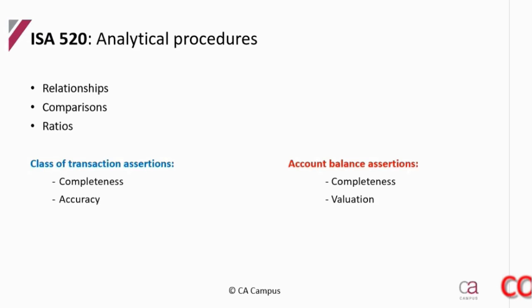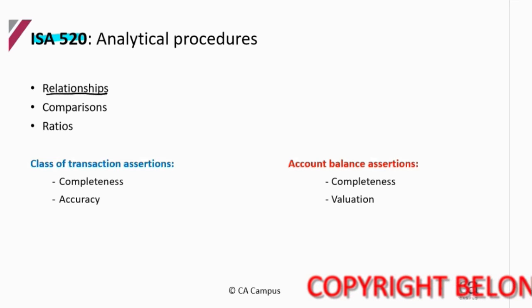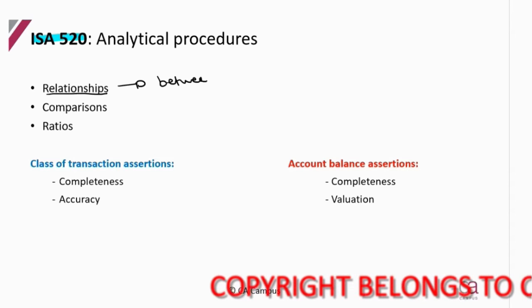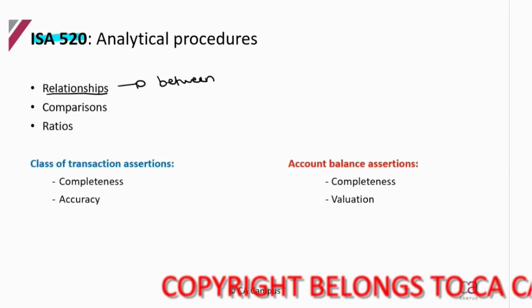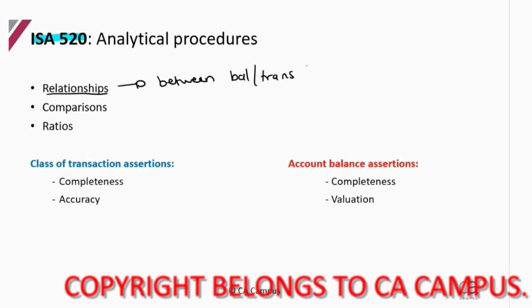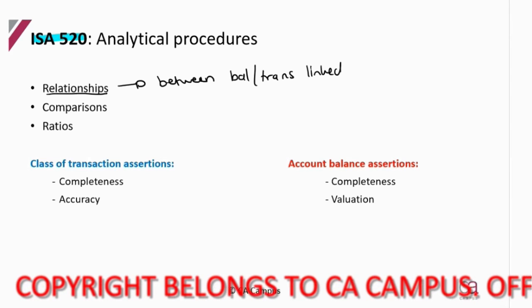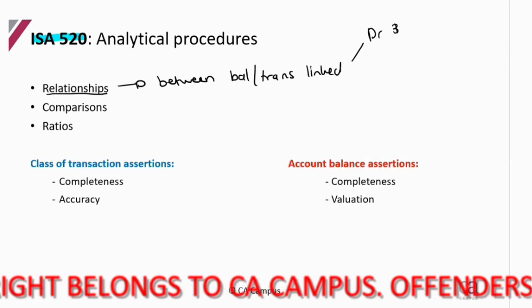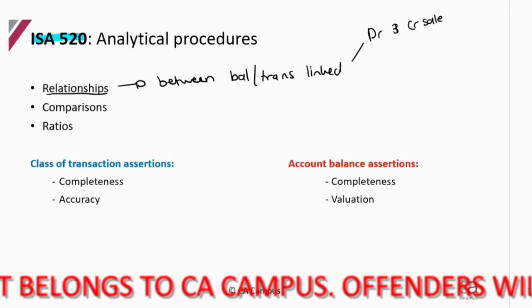Okay, ISA 520 details what analytical procedures are. And I've just made a note here that you're looking at relationships between balances and transactions that are linked. For example, debtors and sales and credit sales are linked.